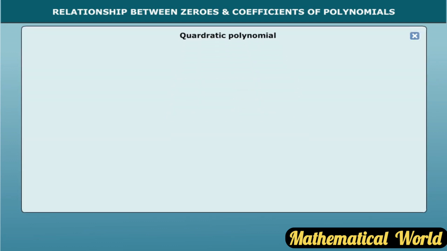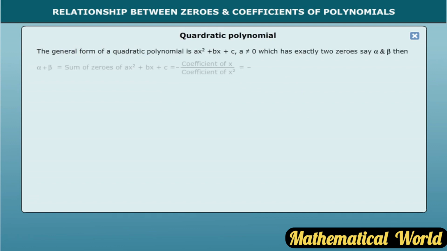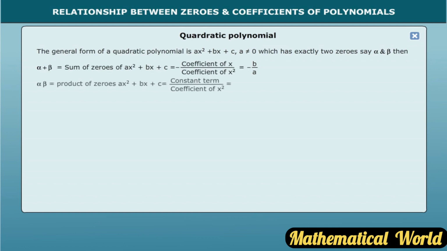Quadratic polynomial. The general form of a quadratic polynomial is ax square plus bx plus c, which has exactly two zeros, say alpha and beta. Then alpha plus beta is equal to minus coefficient of x upon coefficient of x square, that is minus b upon a. And alpha into beta is equal to constant term upon coefficient of x square, that is c upon a.